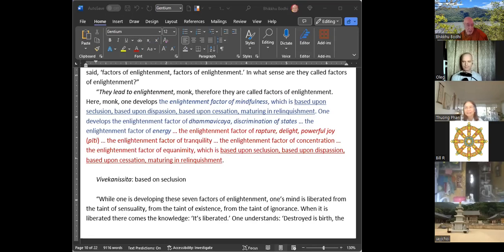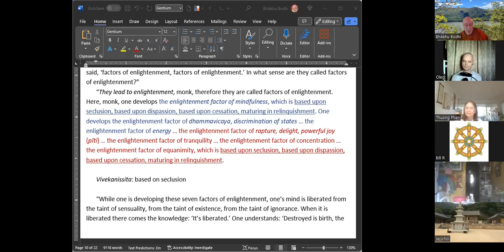The second kind of seclusion is called chitta viveka, which means seclusion of mind. And this means the separation of the mind from the mental hindrances, the defilements like lust, ill will, laziness, restlessness, and so on. So when the mind is secluded from these mental defilements, then the enlightenment factors can arise and gain in strength.